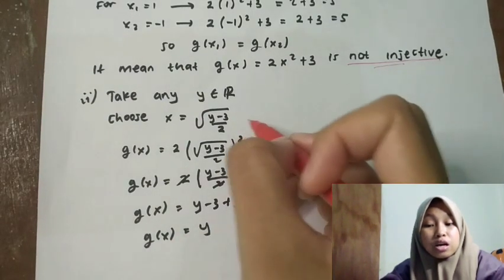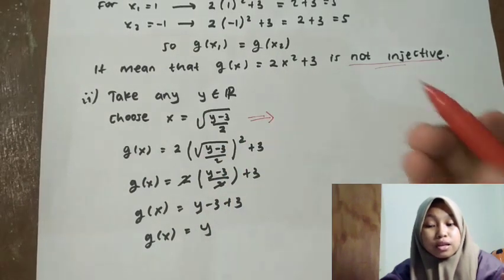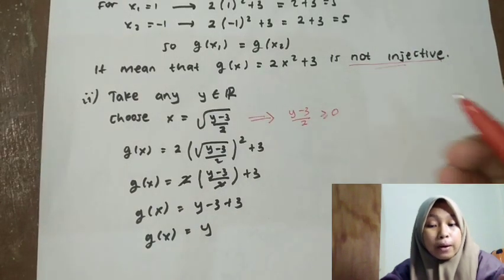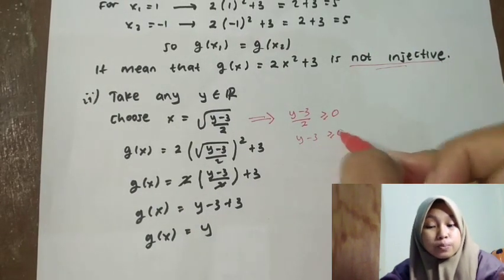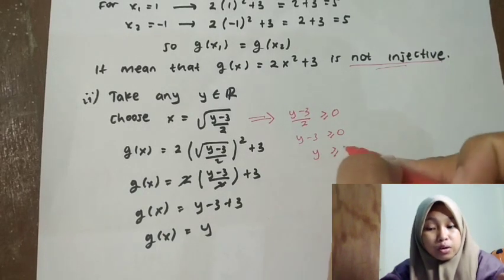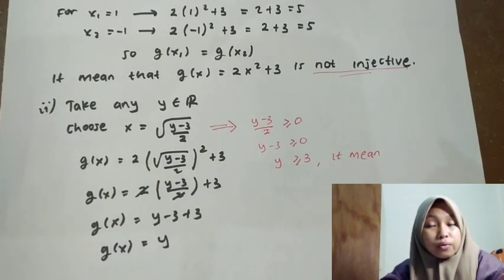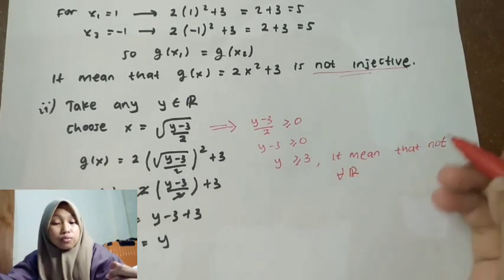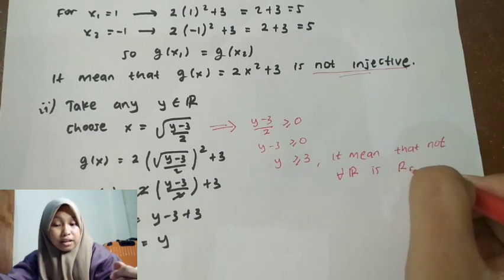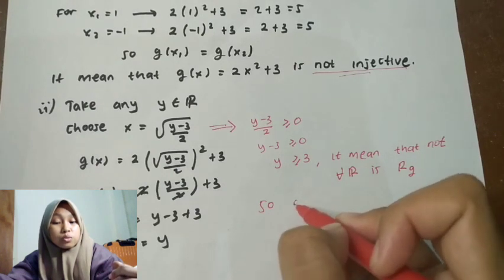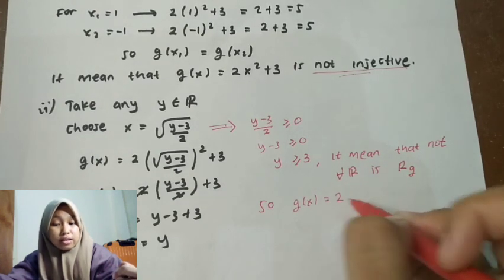But if we choose x = the square root of (y - 3)/2, then (y - 3)/2 must be greater than or equal to 0. So y - 3 is greater than or equal to 0, so we get y greater than or equal to 3. It means that not all of the real numbers are in the range. So g(x) = 2x² + 3 is not surjective.